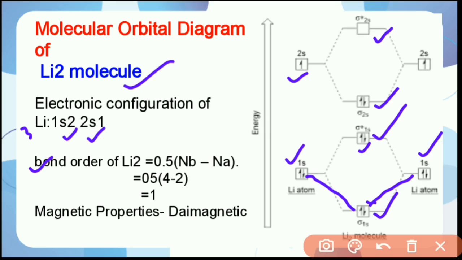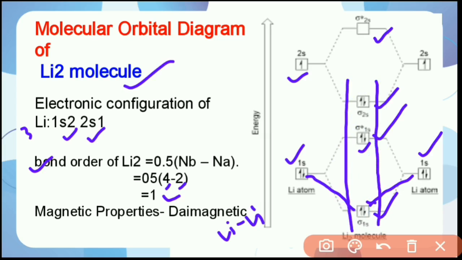Put in the bonding electrons, 4, and anti-bonding electrons, 2. When we calculate, we get the answer 1. So in the lithium molecule, 1 bond is present between the 2 lithium atoms. And when we see the magnetic property, all molecular orbitals have paired electrons, so its nature is diamagnetic.